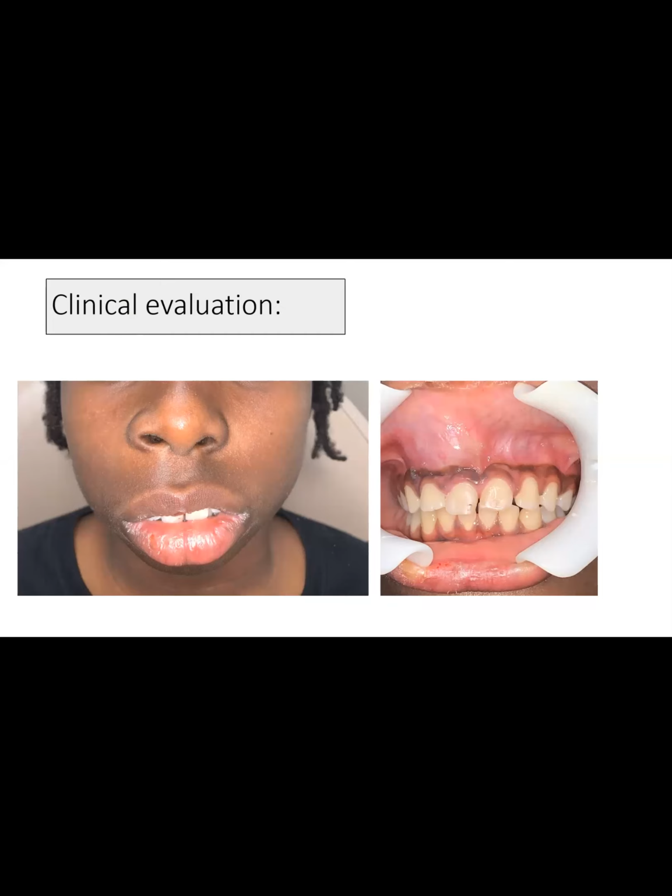The mother did not care too much, but at the end, one of the girls at the front desk thought that there was something wrong, so she booked the patient to see me. This is the clinical picture.